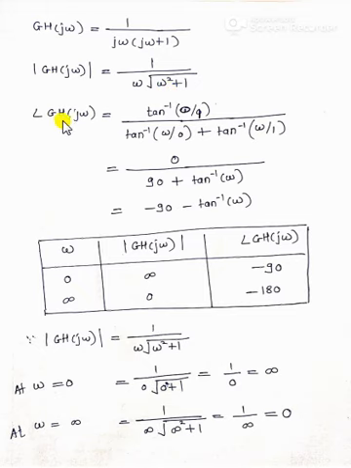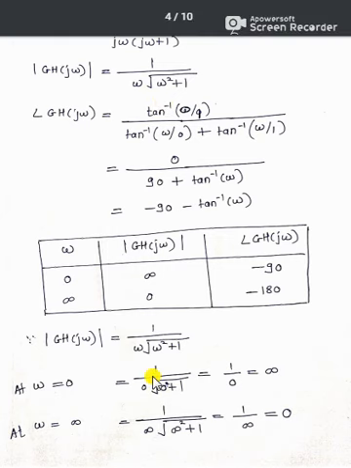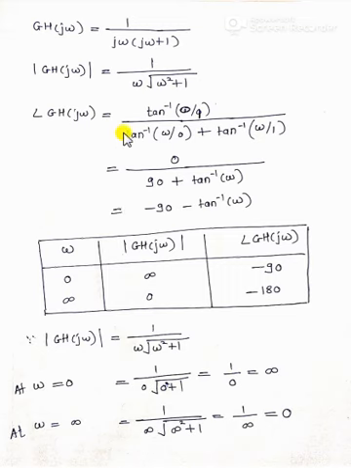Then what does angle GH of j omega mean? Numerator 1's angle is always 0, because we can write 1 at an angle 0. And for omega we write tan inverse of imaginary part omega over real part 0, plus in the second bracket tan inverse omega upon 1.